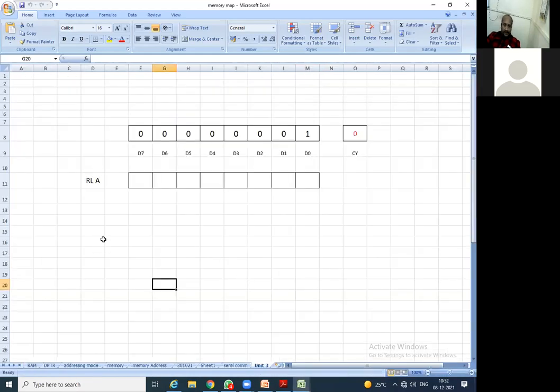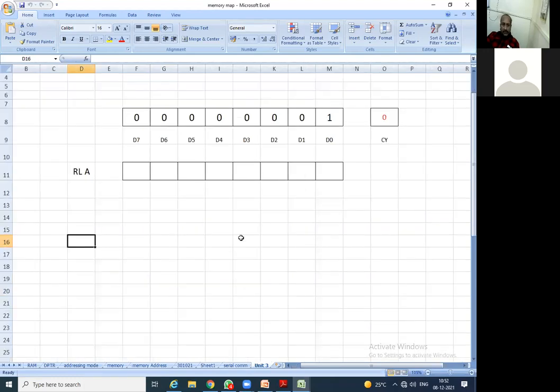Okay, here see, I will zoom in a little. I hope this is visible to all of you. So this is the actual data now in the accumulator: 0, 0, 0, 0, 0, 1.